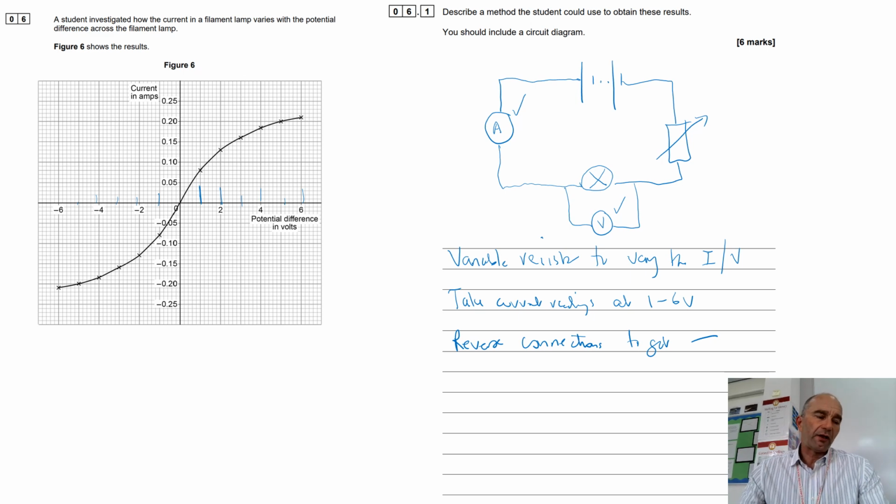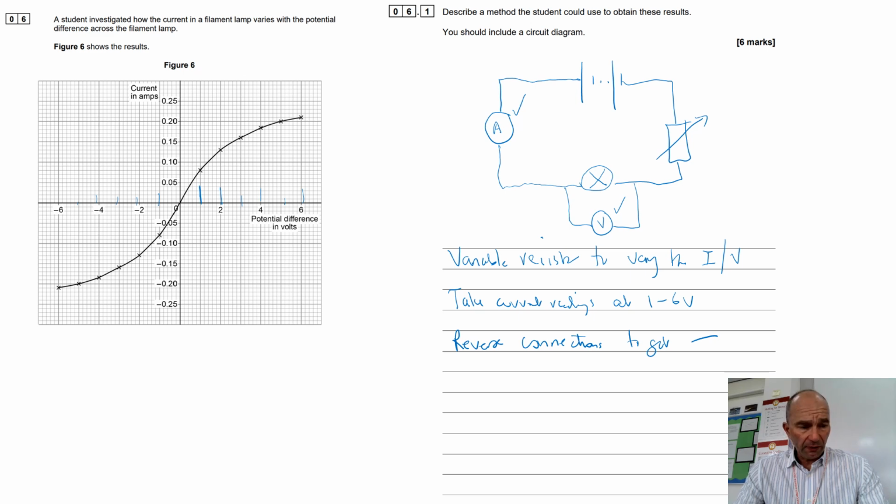In fact, we need to take repeat readings so that we can calculate a mean. It means that we can discard any anomalies. Once we've got our results in the table, we've calculated that mean, we can then plot the graph. And if you're including all those things, you're looking at 6 marks.